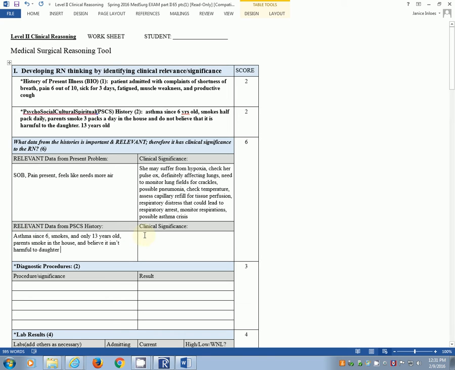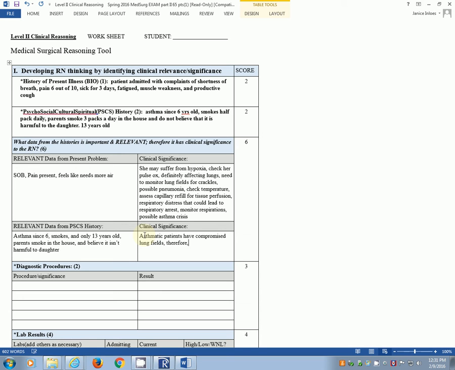So, what's my clinical significance to this? Well, asthmatic patients have compromised lung fields.